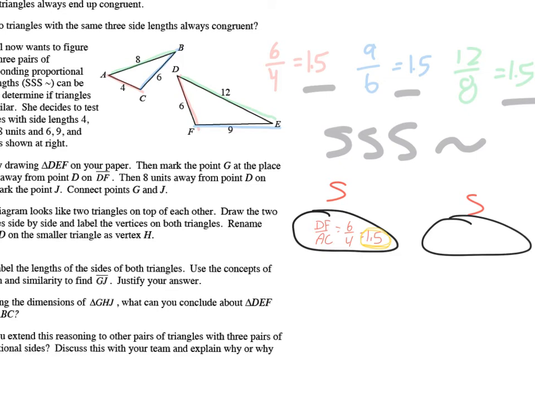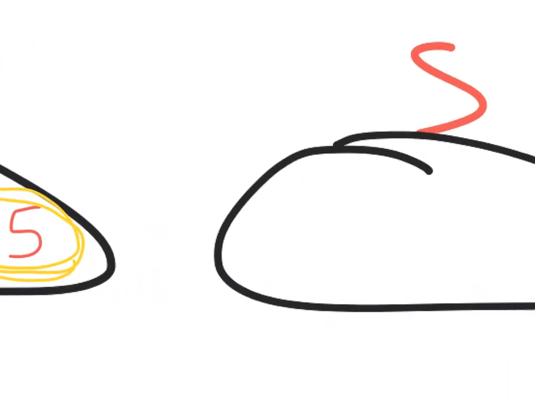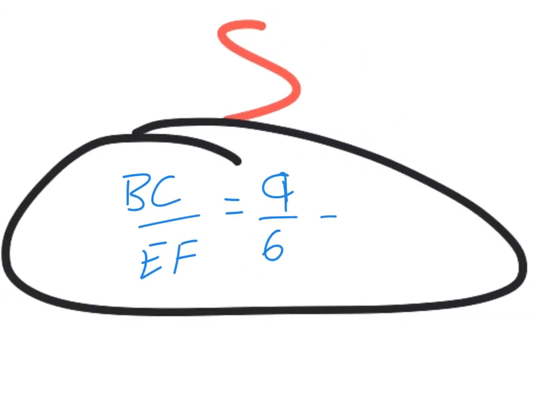The next set of sides were BC and EF, so I can say that BC corresponds to EF, and that ratio of sides was 9 to 6, which is the same zoom factor of 1.5. And so that again hits the exact same thing that we wanted, zoom factor of 1.5.